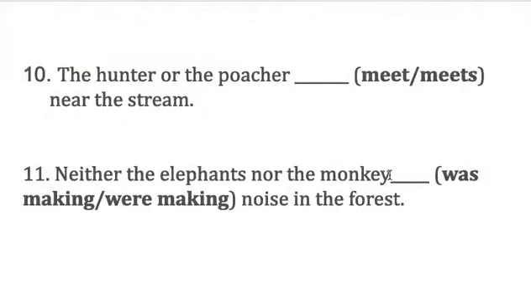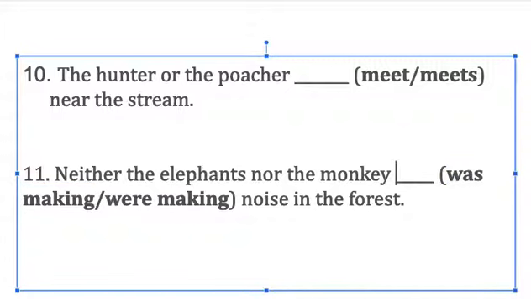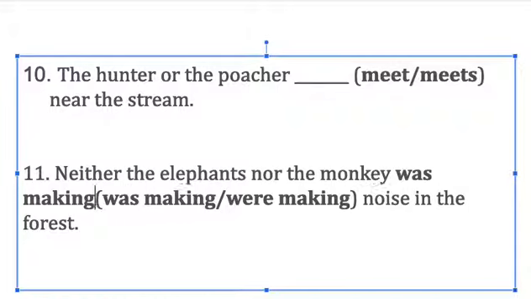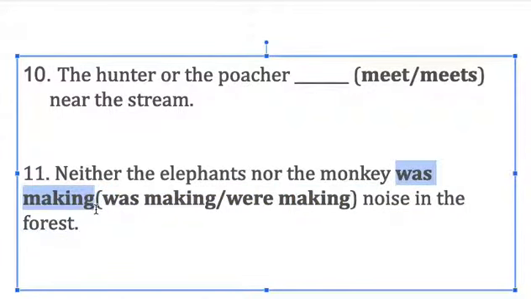So in this case monkey is the nearest, so we say was making. In this case we don't say were making because monkey is singular, so we choose was making. Neither the elephants nor the monkey was making any noise in the forest.